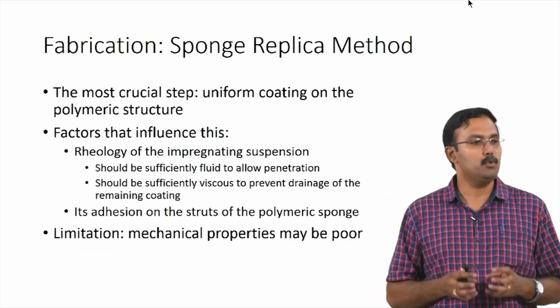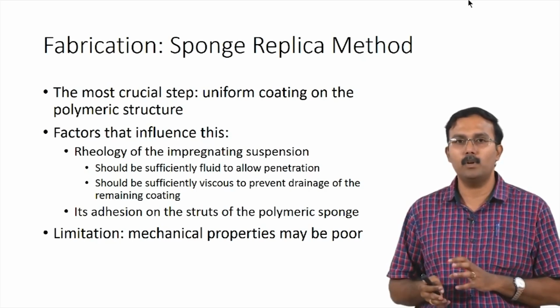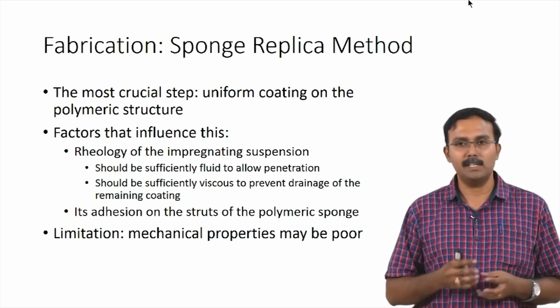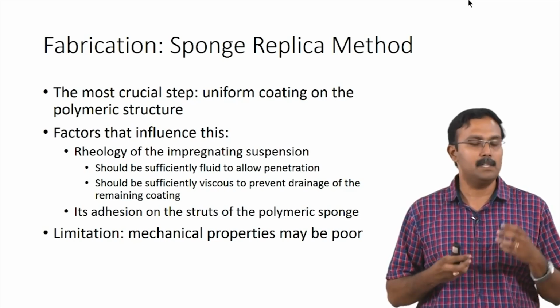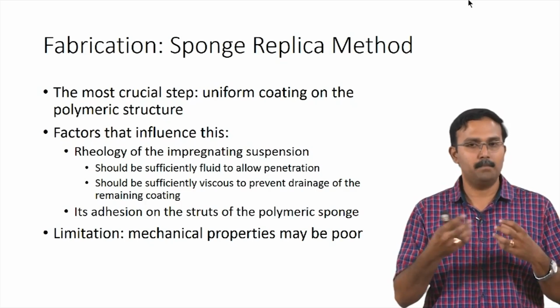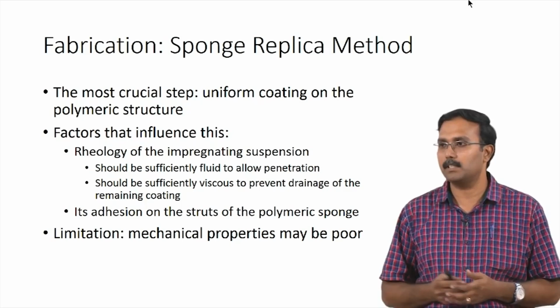The most crucial step in this sponge replica method is to get uniform coating on the polymeric structure, because if you have non-uniform coating, then you are not going to reproduce the same structure. The factors which influence this are the rheology of the material and how well this suspension can adhere to the struts in the sacrificial template.